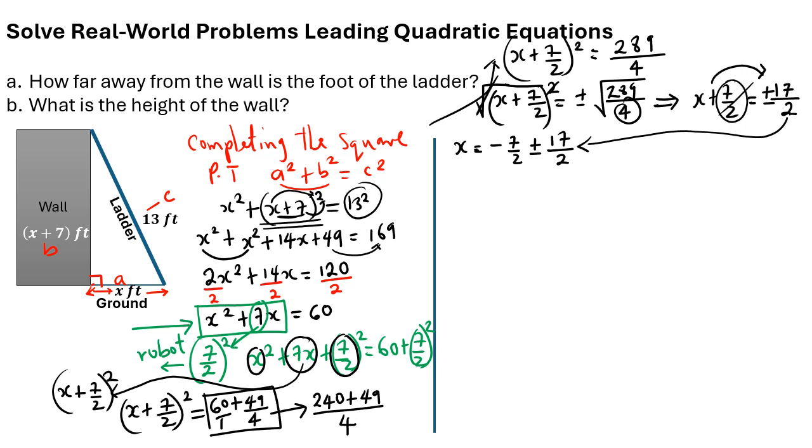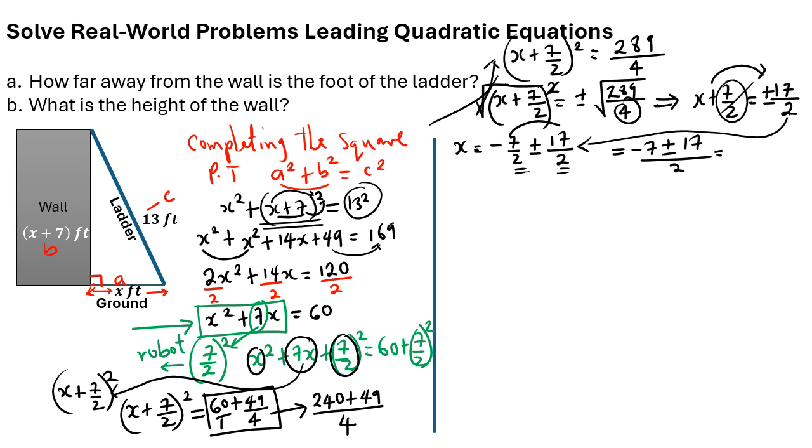And then we can see that we have the same denominator. So all we can do now is combine the numerators, which means I'm going to have negative 7 plus or minus 17 all over 2.